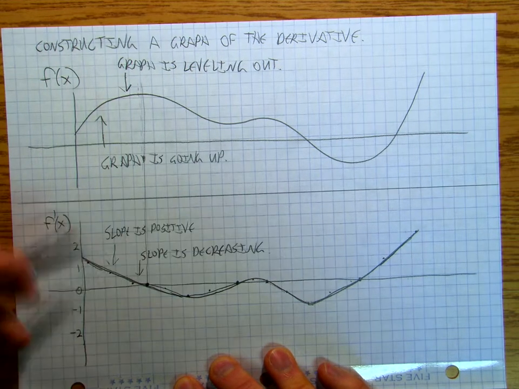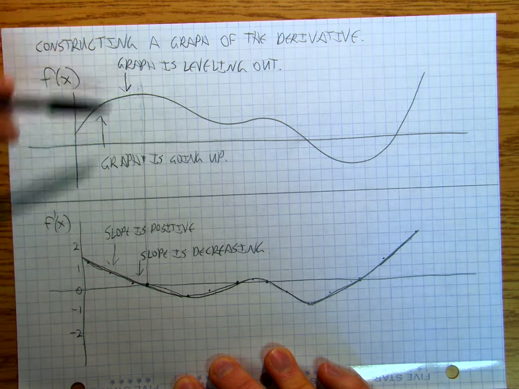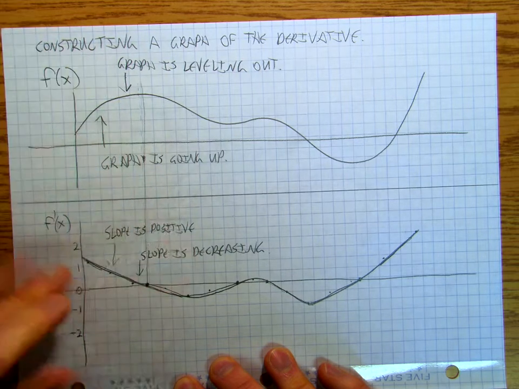So here, the slope is positive in this region, which means that the graph is going up. The slope is decreasing, which means that the graph is leveling out.